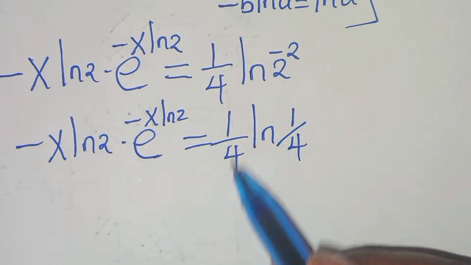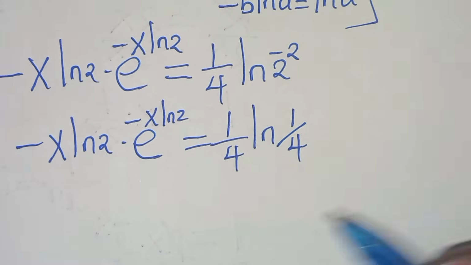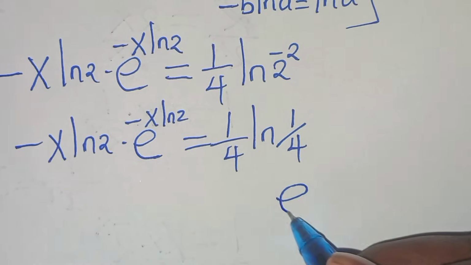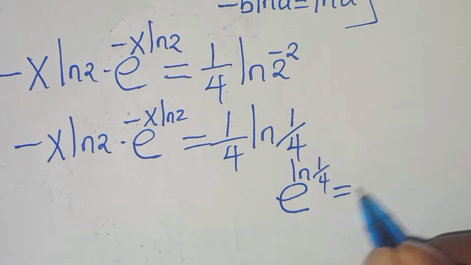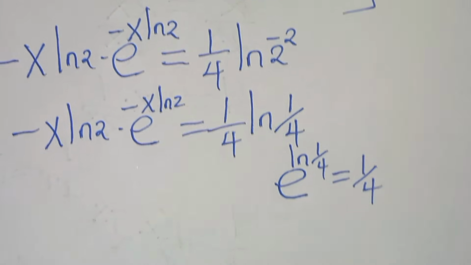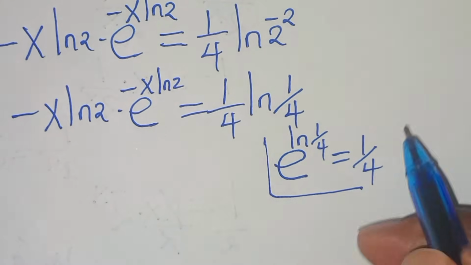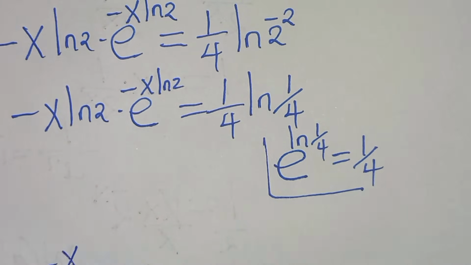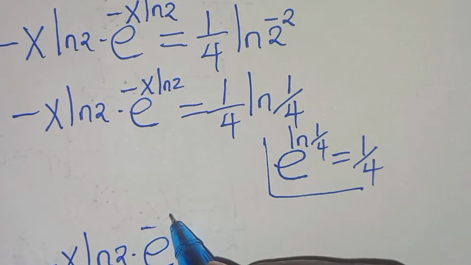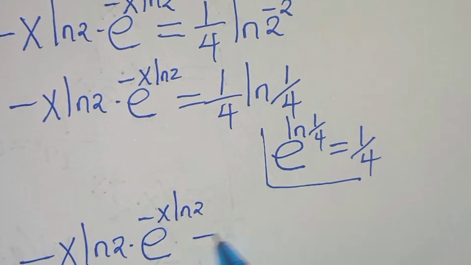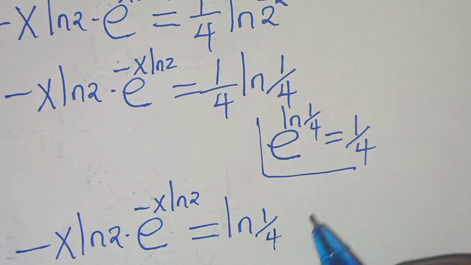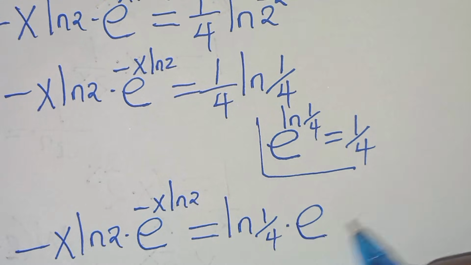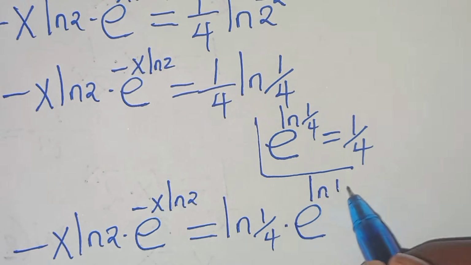We can express 1 over 4 in terms of exponent, that is e to the power of ln of 1 over 4. This is the same thing as 1 over 4. Substituting this, we have on the left hand side minus x ln of 2 times e to the power of minus x ln of 2. This is equal to ln of 1 over 4 multiplied by e to the power of ln of 1 over 4.